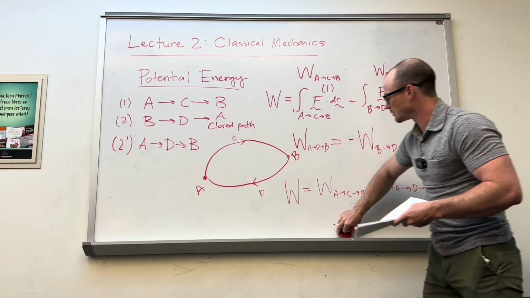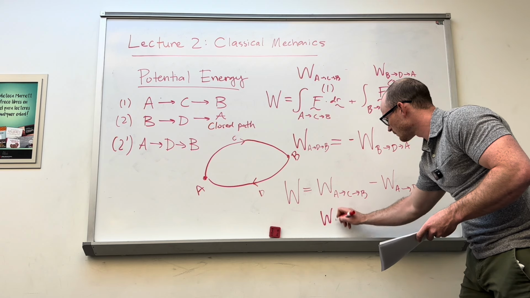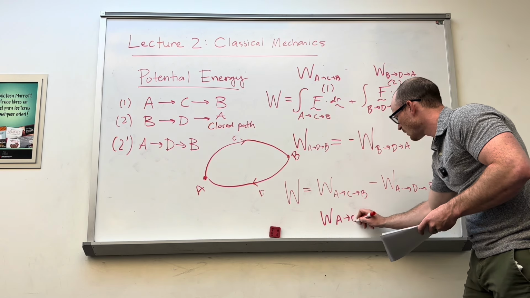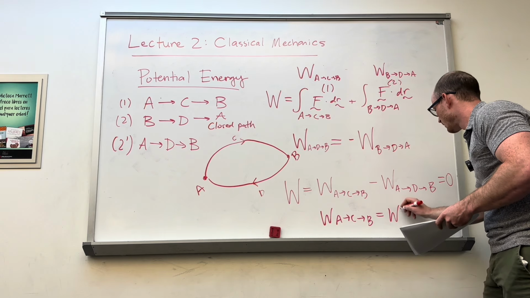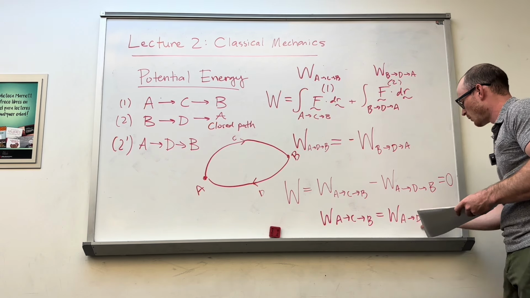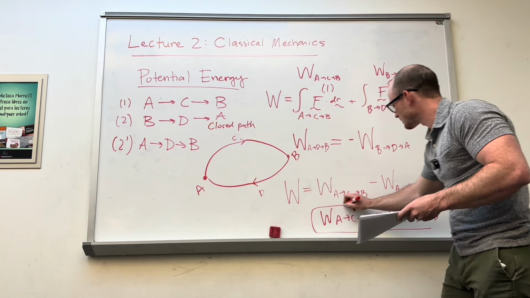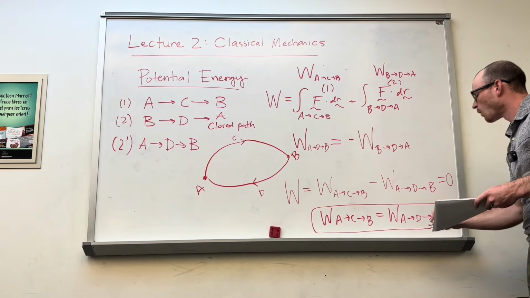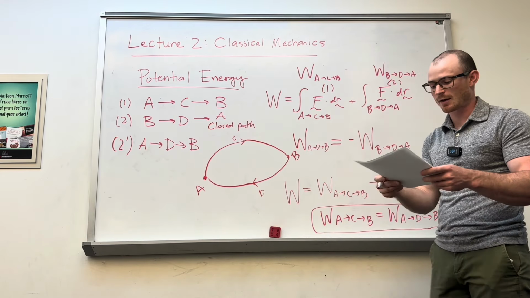And in fact, we can write directly that the work from A through some other point to B is equal to the work from A to D through some other point D to B. So in a conservative force, the work is the same going from A to B no matter what path you take.